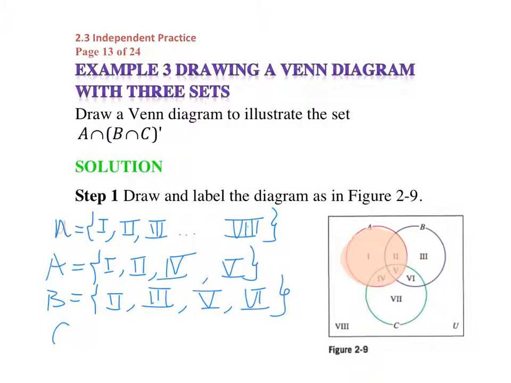And then finally, set C has all the elements in 4 on top, 5 across, and 6, and finally area 7. And that way we got all 8 areas covered. So that's your step 2.